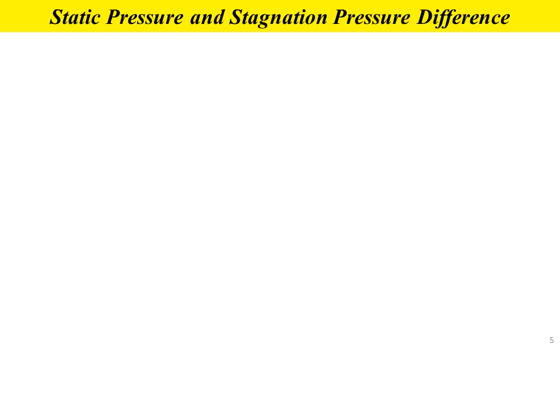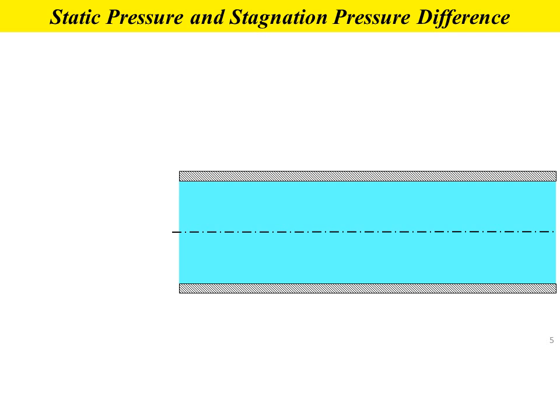Okay, now I would like to explain the difference between static pressure and stagnation pressure of a fluid. Let's look at this figure. This figure is a cross-section drawing of a pipeline. We have the center line of the pipeline, and inside the pipe we have flowing fluid with velocity equal to c.